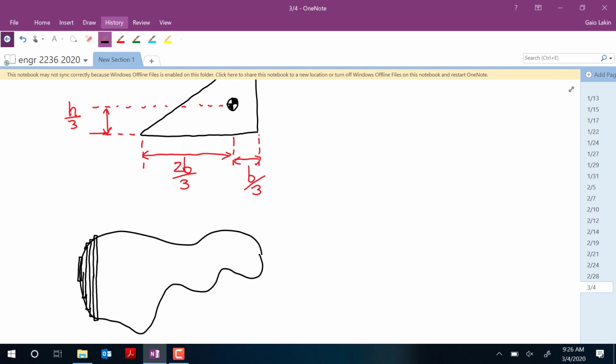And as long as you make them skinny enough, you can get it as precise as you want. And so you most likely do this with a computer program, not by hand. But you just figure out what the centroid was of each of these rectangles, which is easy because of the symmetry. And then you use the sum formula to come up with the centroid of the whole complicated shape.